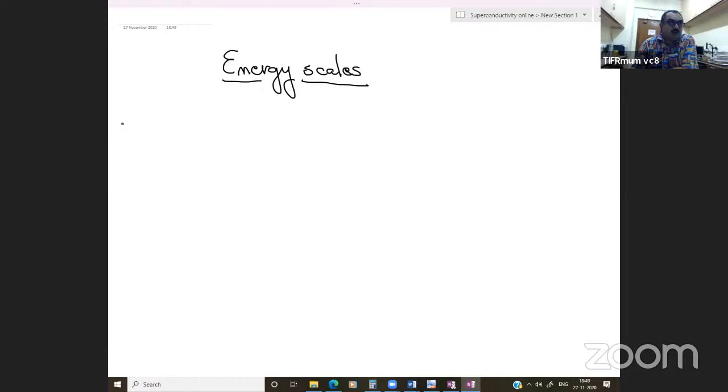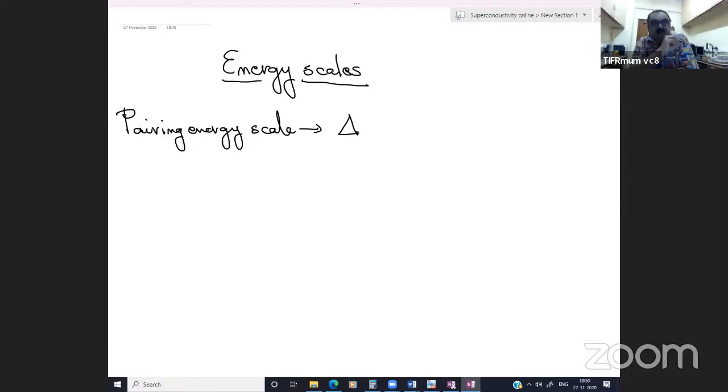We know that the pairing energy scale is the superconducting energy gap delta, or rather 2 delta.